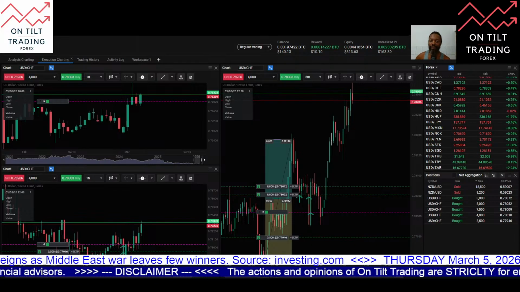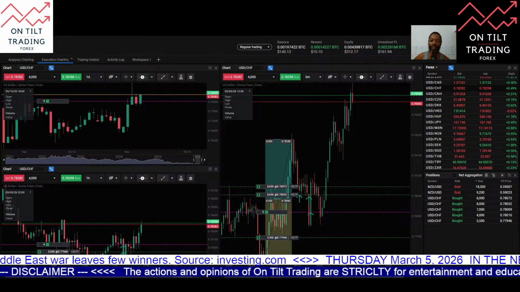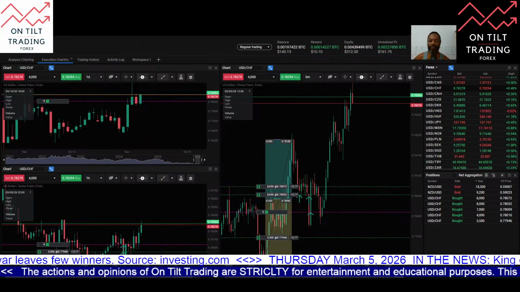Price reacting from that 78,329 level. This price is delivering to the sell side.